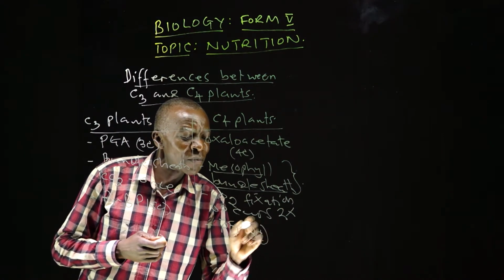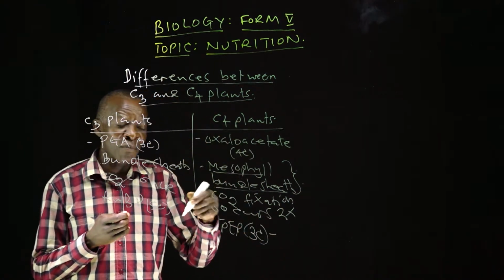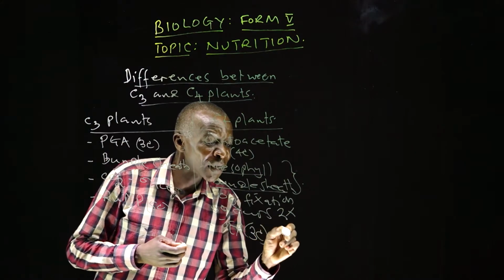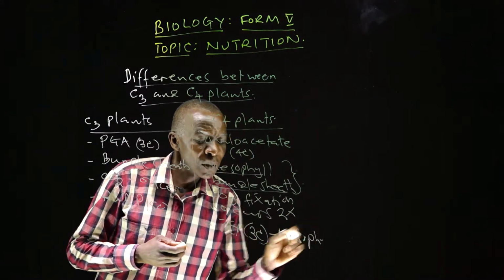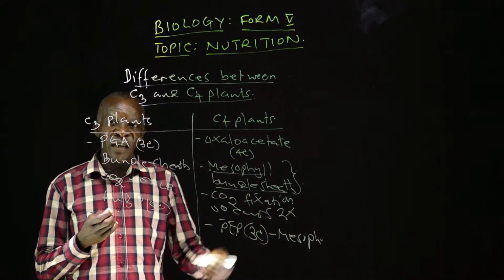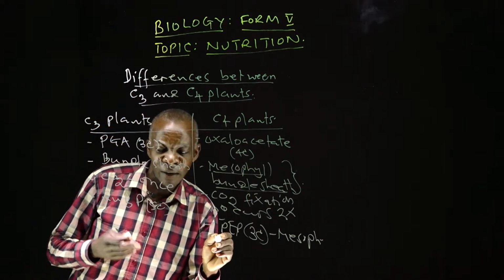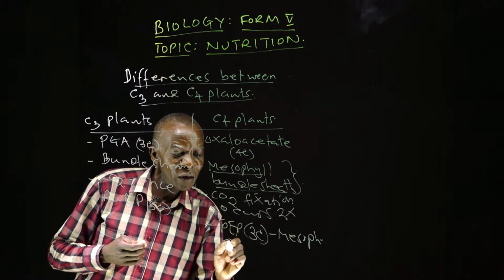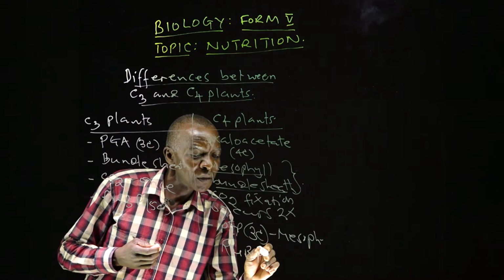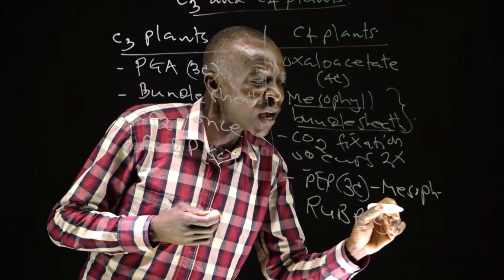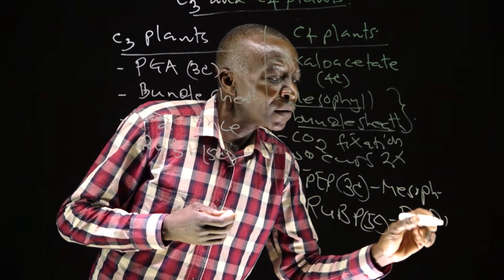This is a 3-carbon compound. This fixes carbon dioxide in the mesophyll. But also, there is refixation of carbon dioxide, as we are going to see, by the normal ribulose biphosphate. This occurs in the bundle sheath.